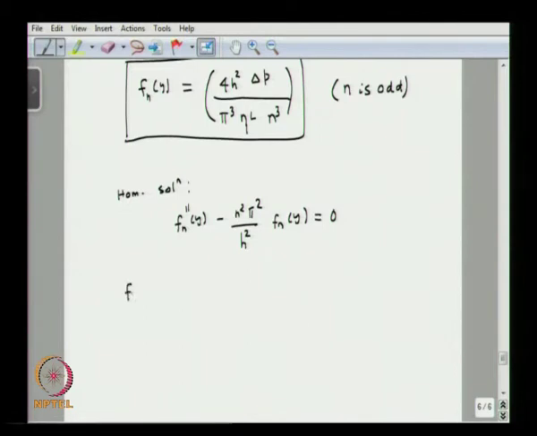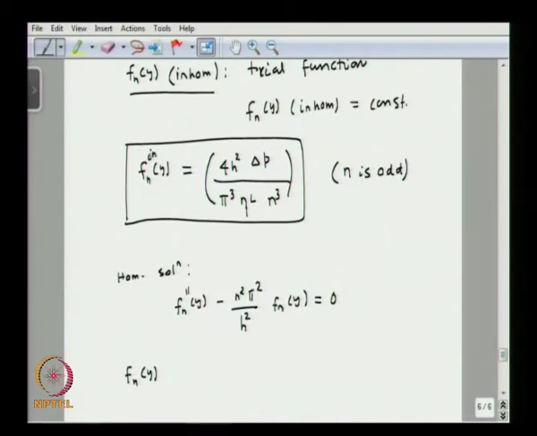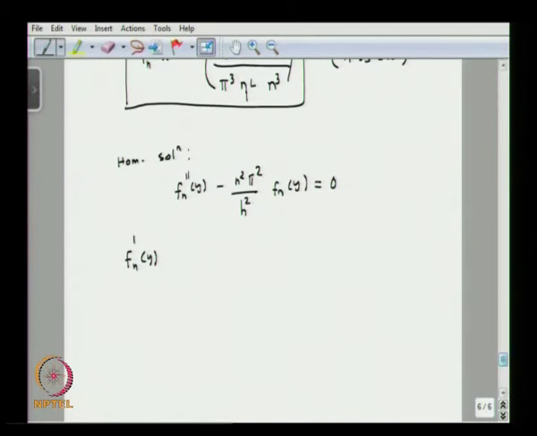So, we can write the solution f_n(y) homogeneous will be equal to a cosh(n pi over h into y) plus b sinh(n pi over h into y).